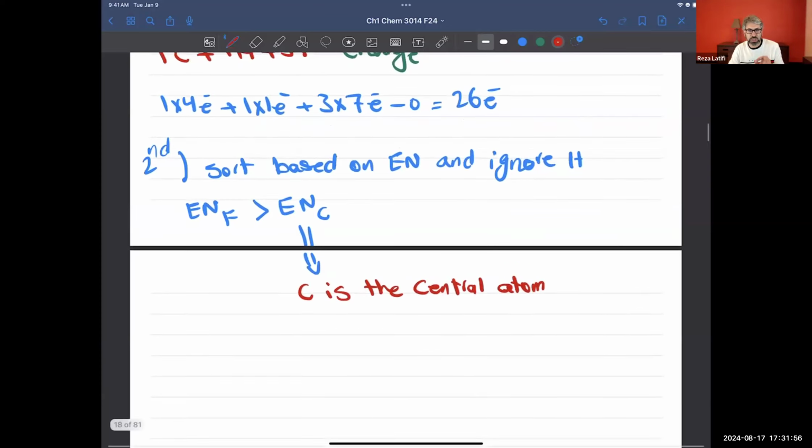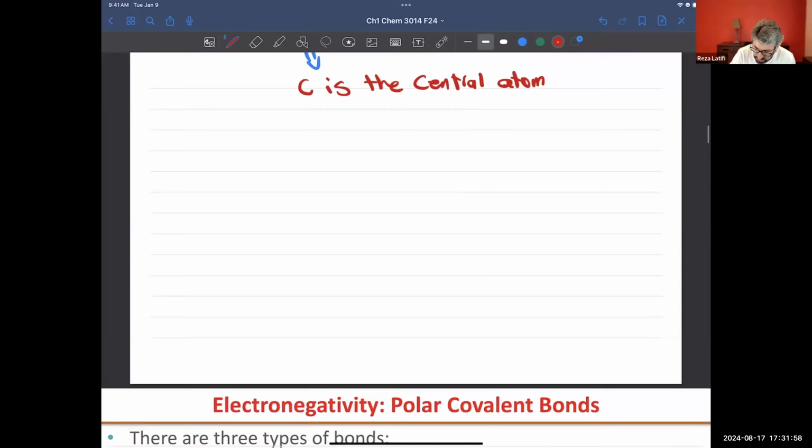And how many electrons do we have? 26. So write the 26 somewhere for yourself, and put carbon in the middle. Now you have hydrogen and 3 fluorines. Put them wherever you want. Now I'm going to use 2 electrons to make 1 bond, to connect 2 elements.